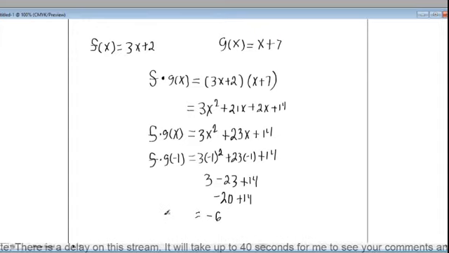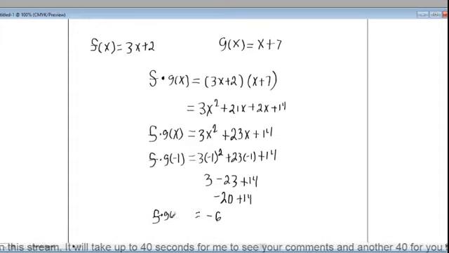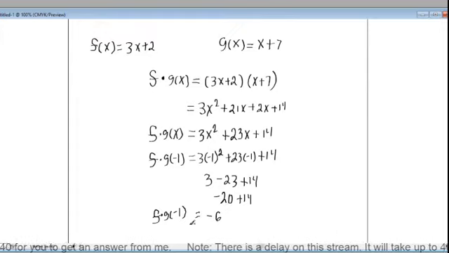So f times g of -1 is -6. So again, we can combine these functions together using operations to get a bigger function, just depending on what we want to do between these two functions. And that's just going to take knowing what the real world application is going to be for what you're trying to do. Okay?